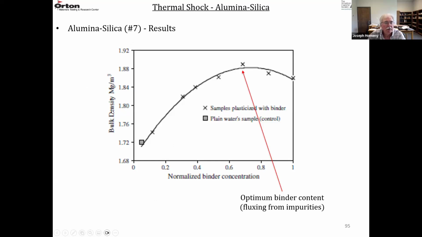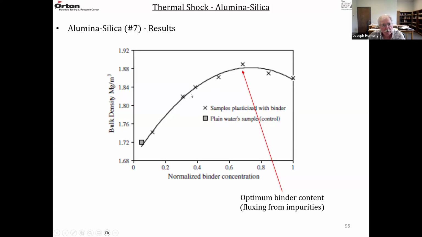So they plotted bulk density as a function of binder concentration. So it was normalized, so it goes from 0 to 1. So the square here is with no binder. It's just using water mixed with the clay. And then the X's are the samples that were plasticized with different binder contents.